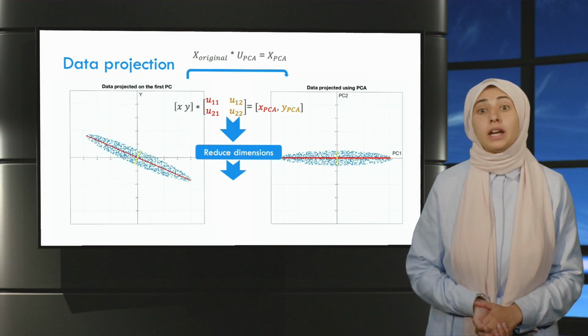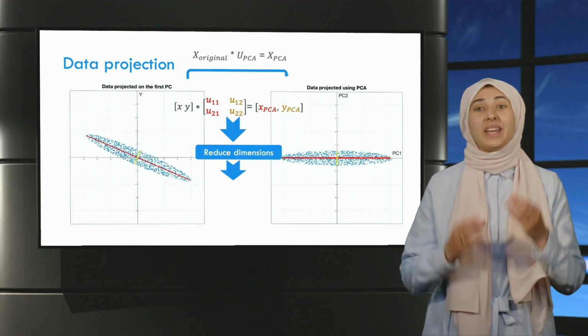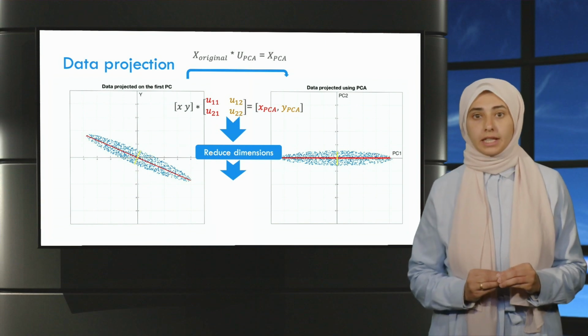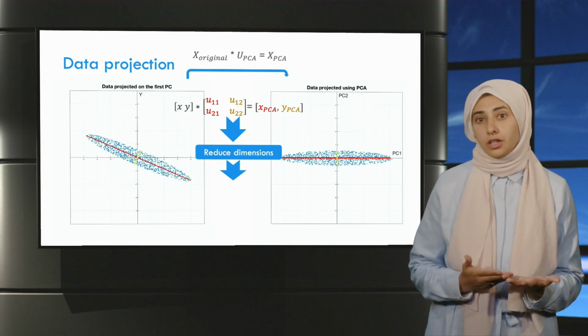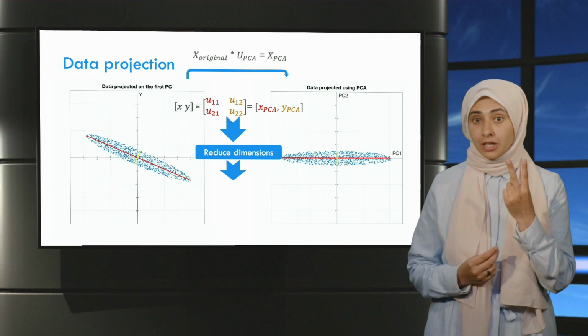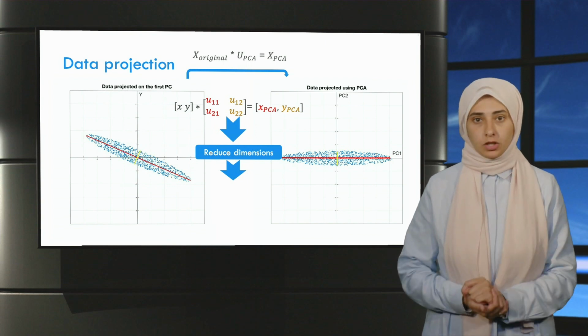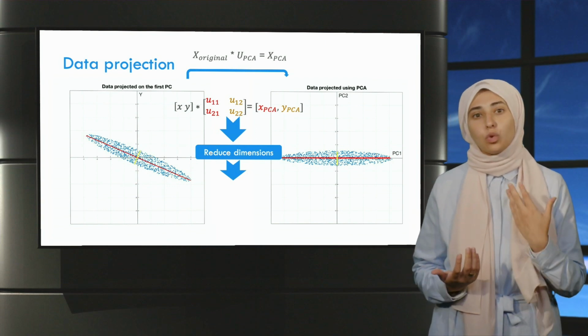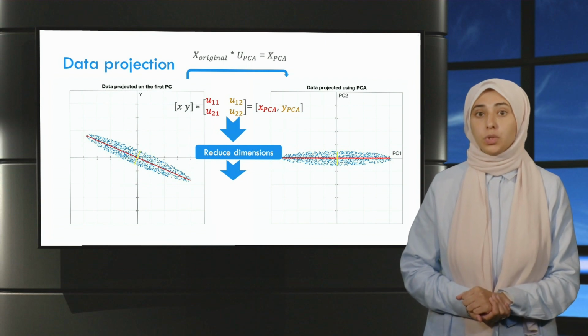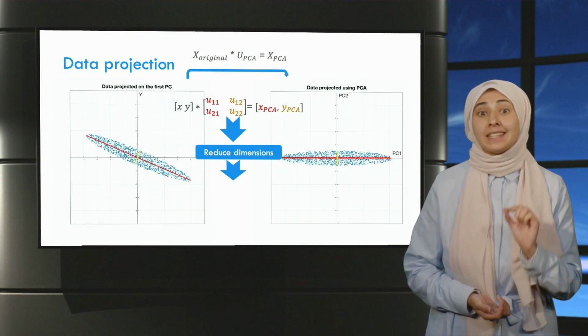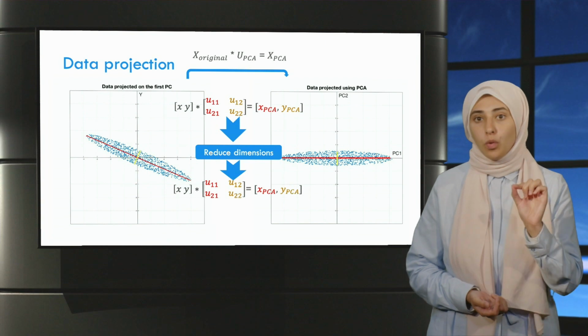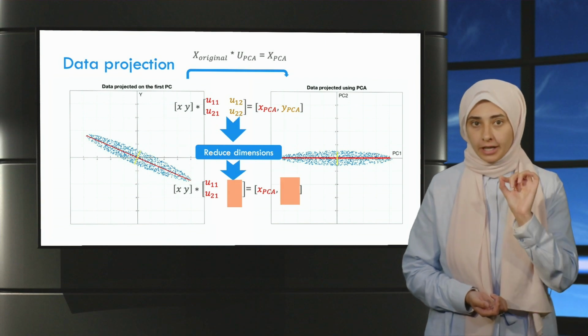We would now like to use the PCA to reduce the dimension of the data. In our example here, we need to go from 2 dimensions to only 1 dimension, so from 2 features to 1 feature. To do so, PCA will project the data points only on the major principal direction.